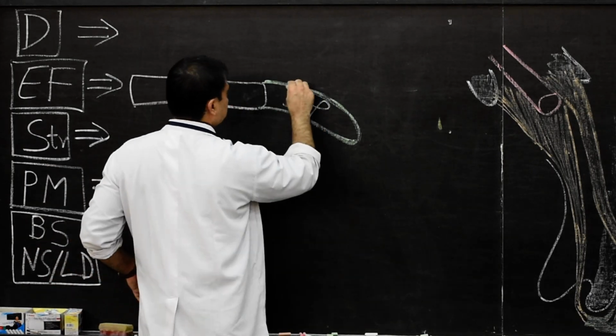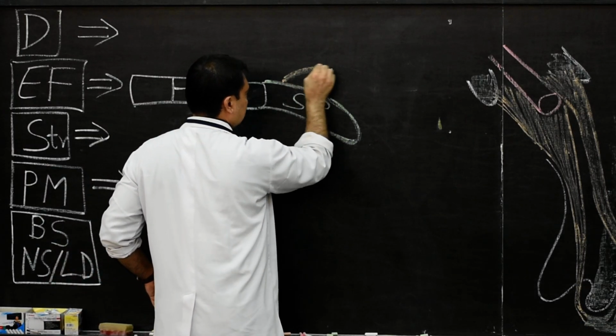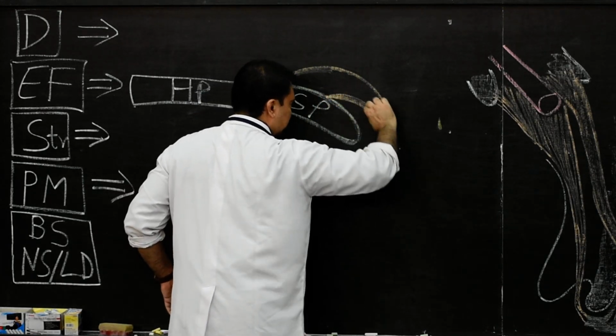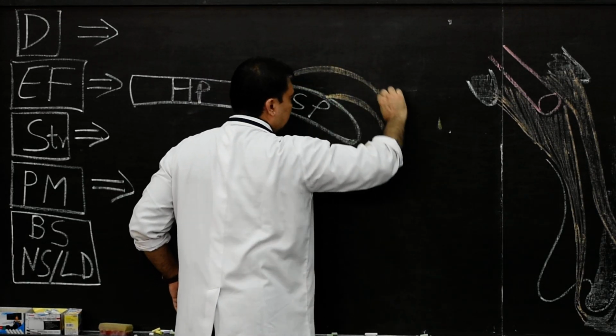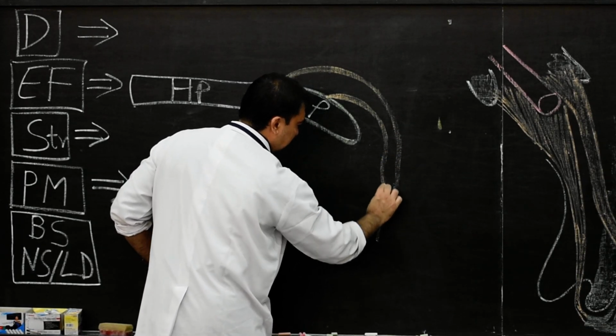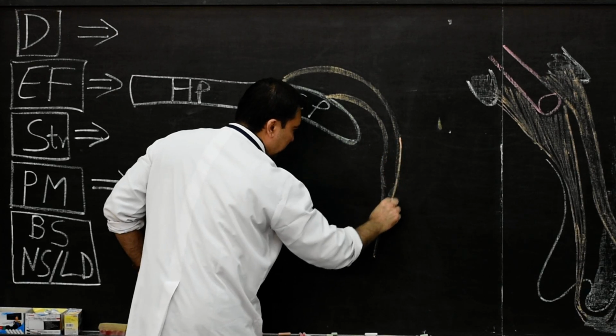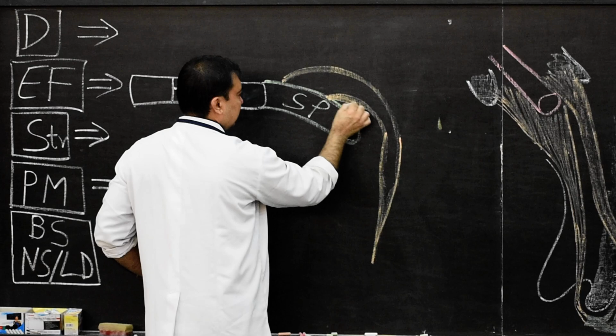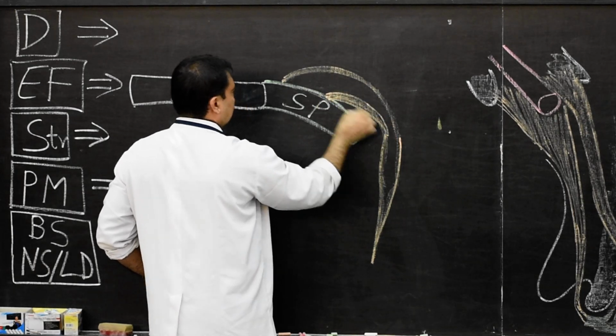Now these two are the bellies: this is the first belly, this is the second belly, the posterior belly and anterior belly of palatopharyngeus muscle. Lower down, both bellies fuse with each other. These two bellies are very important.